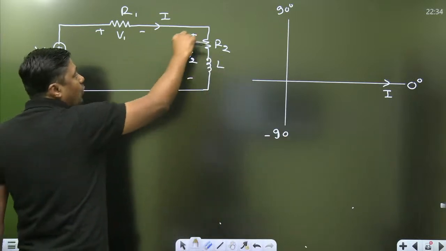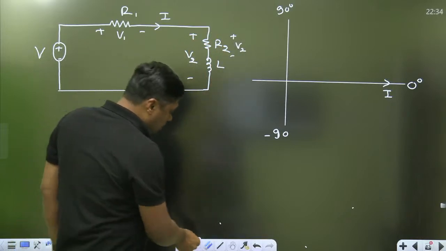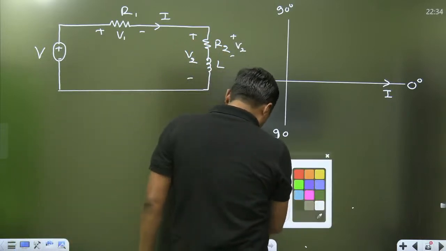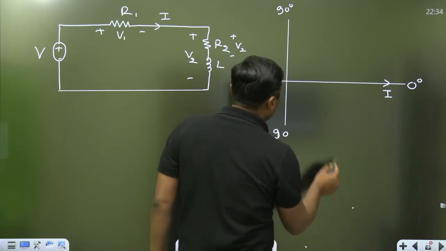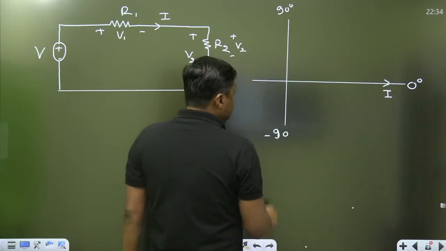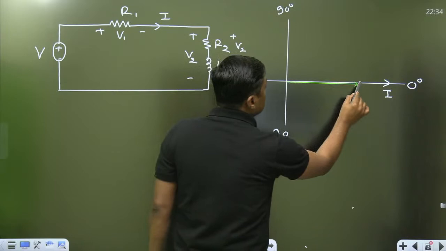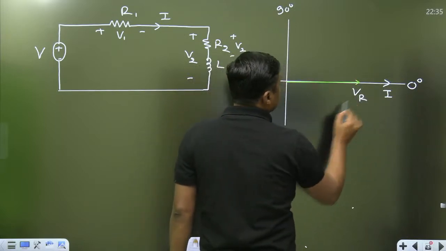That is the current. The voltage across R2 will be in the same phase. Right? We can write like this. And I am going to give you the hint only. This is VR. Everyone try to understand this.